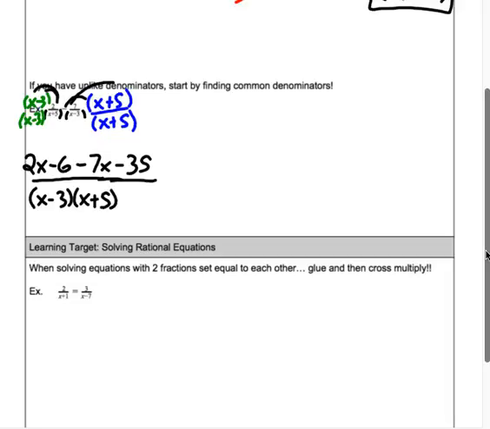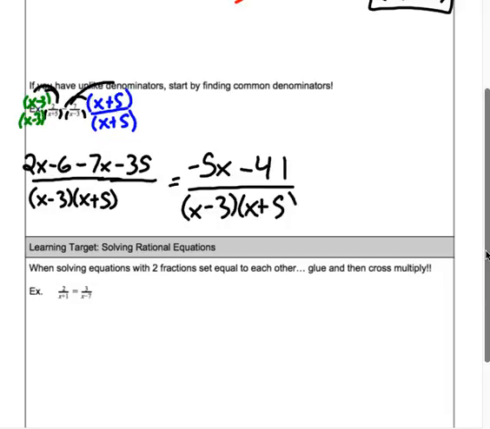So again, now you have your common denominator already, and you're just mathing up top. 2x minus 7x would be a negative 5x. Negative 6 minus 35 more would give me a negative 41. Then, of course, the whole point of this is I already have my common denominator. And then I would just leave it looking like that.